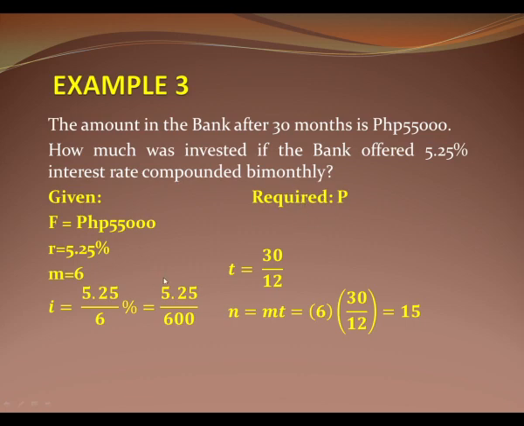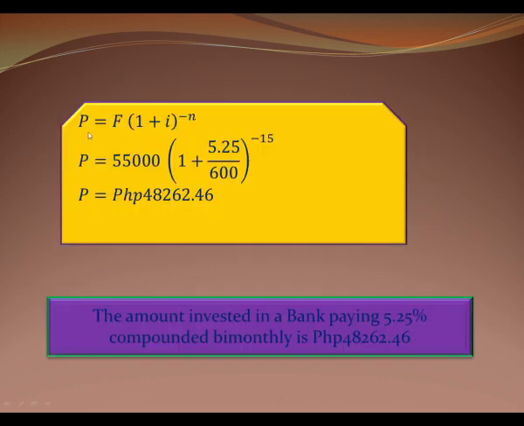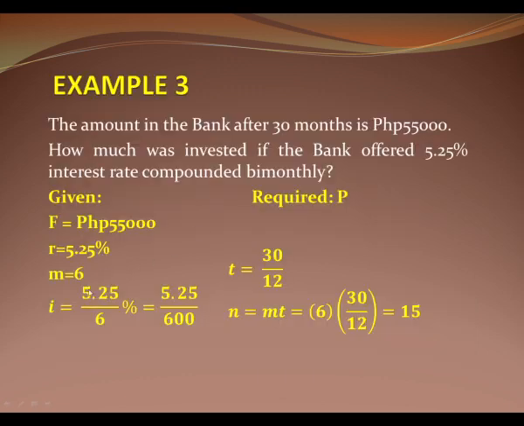And using the formula wherein F is equal to P times the quantity 1 plus I raised to N, we can derive the formula for finding P, which is now equal to F times the quantity 1 plus I, but this is now raised to negative N. So then we need to find the value of the periodic rate I, and also the total period of transaction N. We can find I as simply R over M. So R here is 5.25, the conversion period is 6.